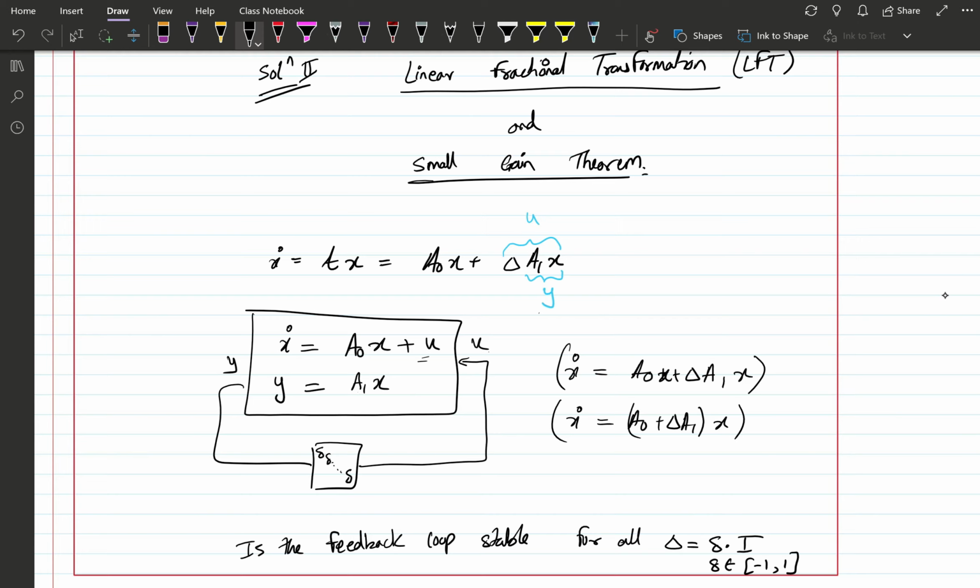So we've replaced a question about uncertain systems of this form by a question about stability of feedback loops as here, and the question about the feedback loop could then be answered by the small gain theorem, and let's see how to do that.